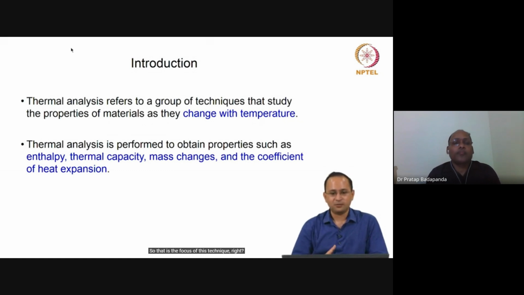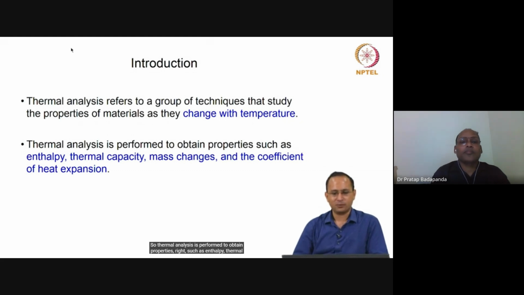That is the focus of this technique. So, thermal analysis is performed to obtain properties such as enthalpy, thermal capacity, mass changes, and the coefficient of heat expansion.